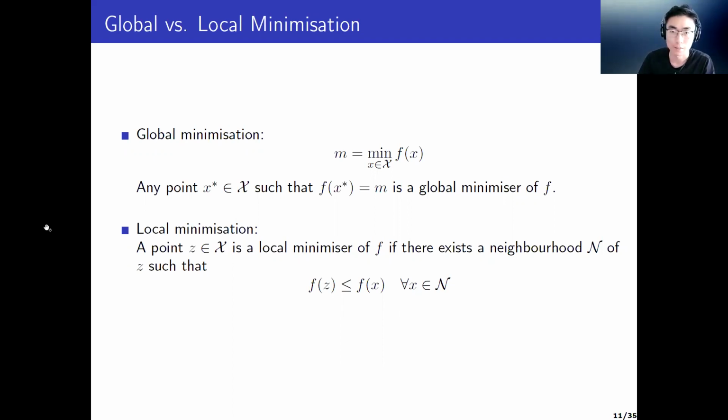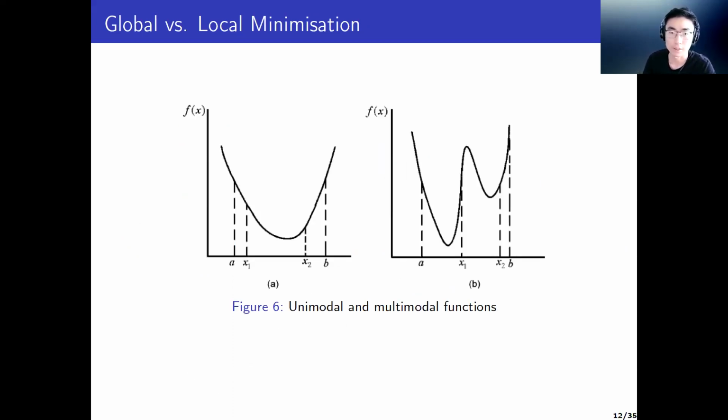There exists at least one global minimizer. On the other hand, if there exists a neighborhood N of Z such that f of Z is less than or equal to f of X for all X in the neighborhood, then Z is a local minimizer of F. A local minimizer becomes the global minimizer if the neighborhood N is replaced with the whole feasible region X. If the objective function F has only one local minimizer in the closure of the feasible region X, then the local minimizer is the global minimizer as well.